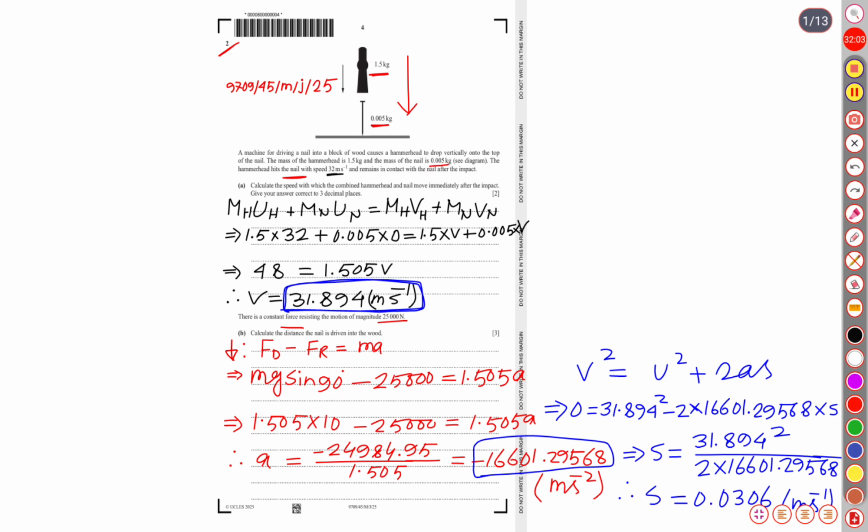This is not meter per second, sorry, it is displacement, so let it be written as only meter. So displacement or distance is 0.0306 meter. Let's see the next question.